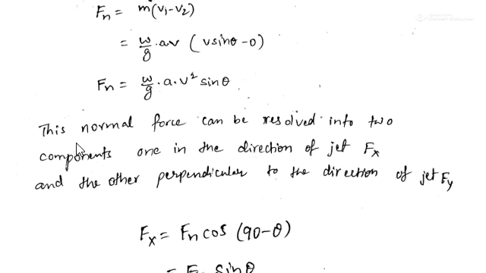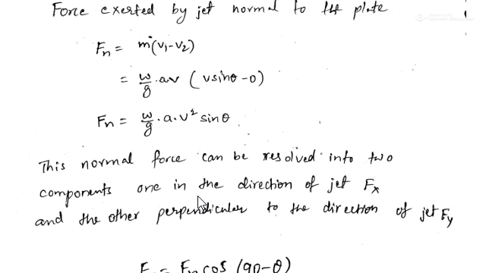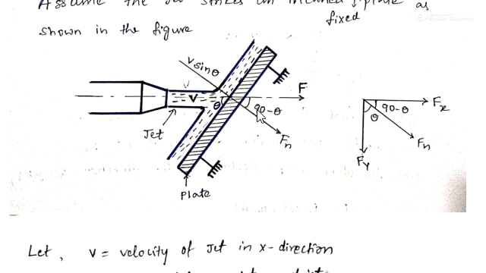So here this normal force, Fn, can be resolved into two components. One in the direction of x, that is Fx, and the other perpendicular to the direction of x, that is Fy. So the force which is normal to the plate, you can write as Fn.